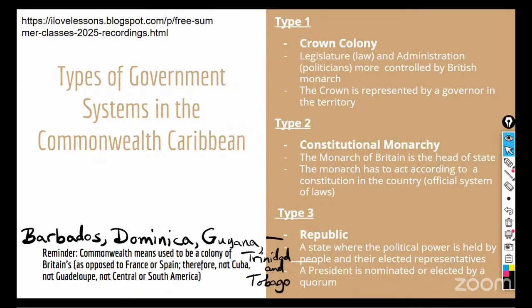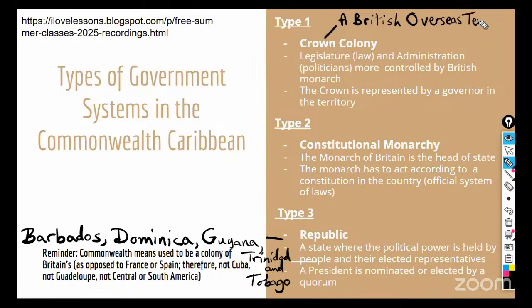Somebody was asking me earlier about other names for these things, and I told you a crown colony was called a dependency. Something else it's called: if you were going to Google to look for the countries that are crown colonies, you could look for a British overseas territory. That's what you're looking for.